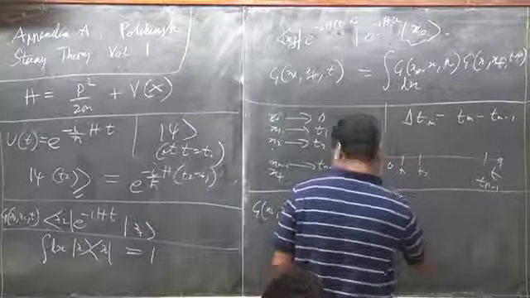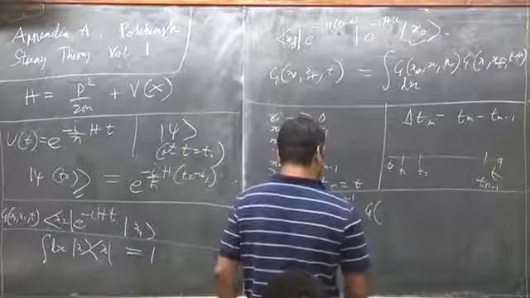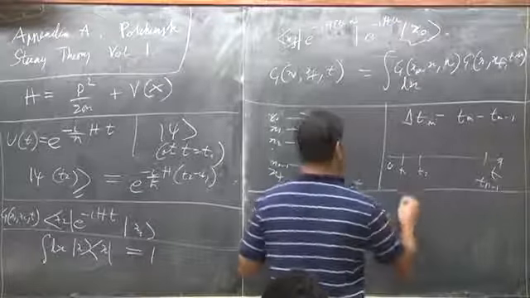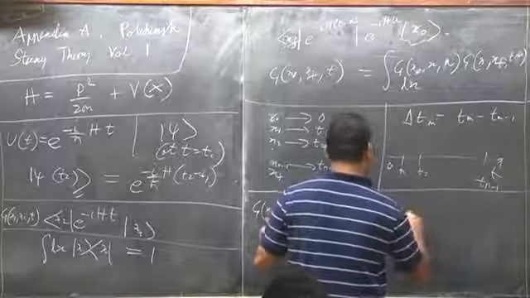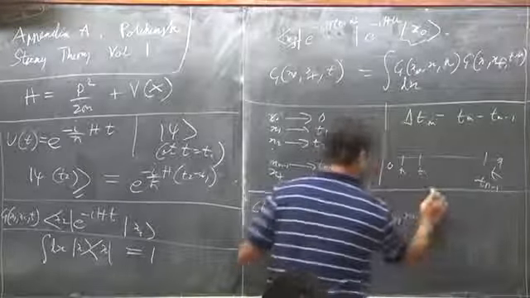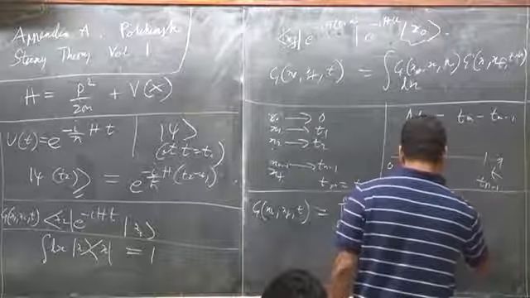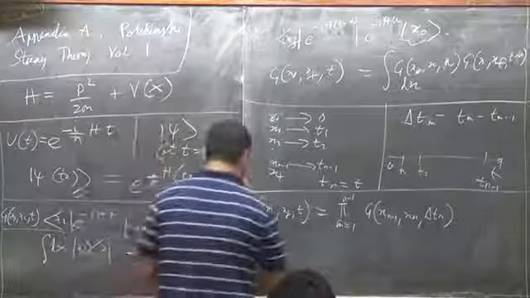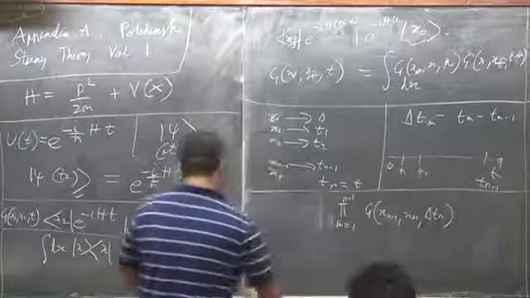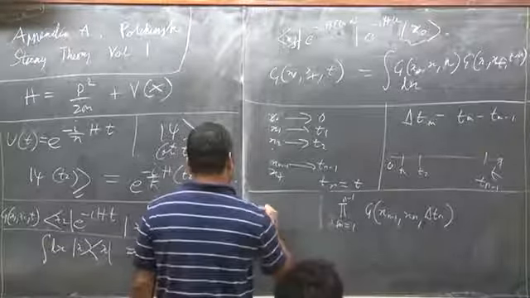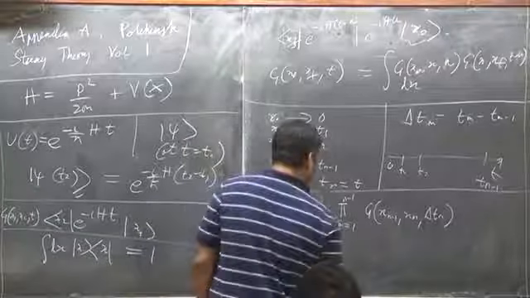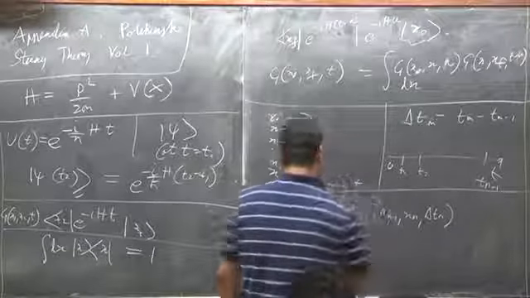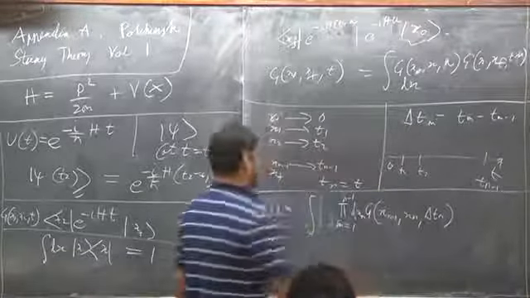G of x(m-1) to xm in time delta tm, and then here xi, xf, with the integral with the dx n.